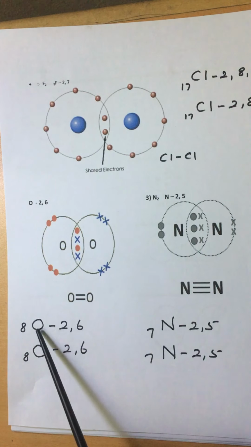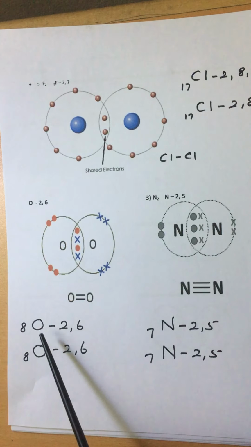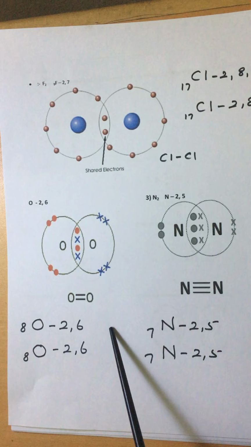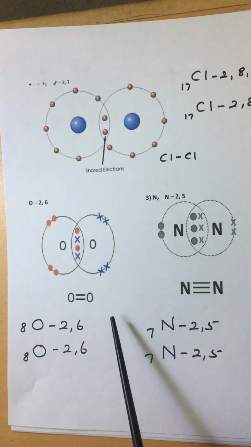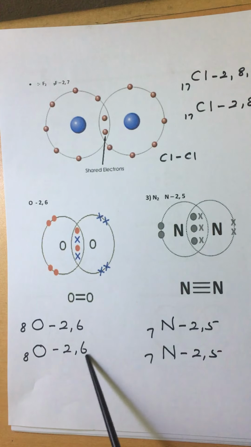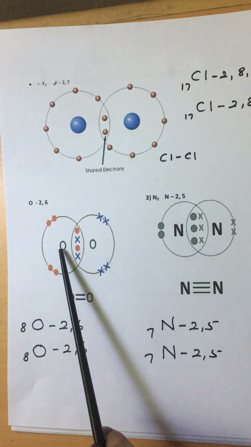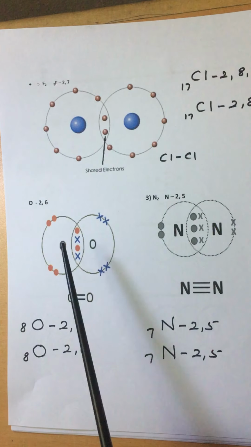When the oxygen needs 2 more electrons, this oxygen should give 2 electrons out of its 6 to share. Then only it will get 2 more electrons. The same way here also, 2 electrons. When you are drawing the oxygen atoms, we mark only the valence shell, the orbit.